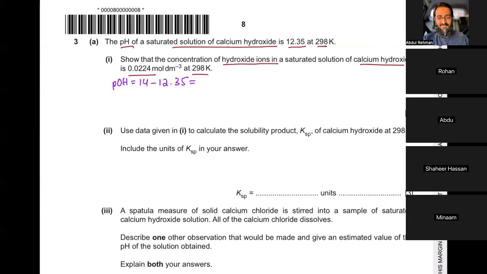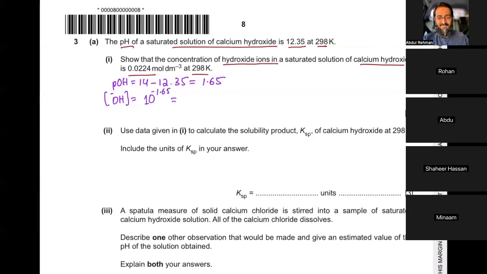Is it 1.65? Right, it's 1.65. So from pOH, can I calculate the concentration of hydroxide ion? Concentration of hydroxide ion is going to be 10 raised to the power minus pOH. So minus 1.65.